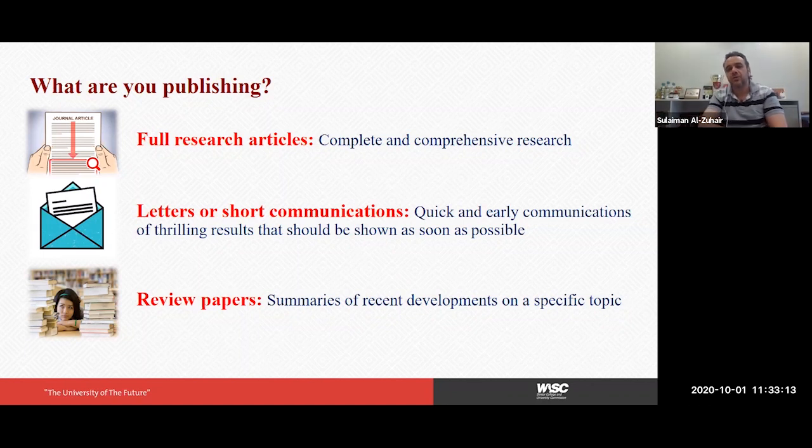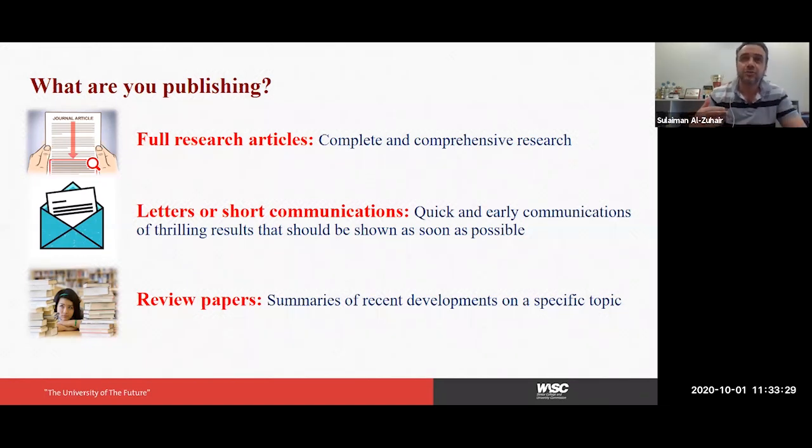There's something called letters or short communications, and these are usually when you found a breakthrough and you want to own the idea, because you know that research is a race. What you are thinking of, maybe hundreds of people are thinking of as well.